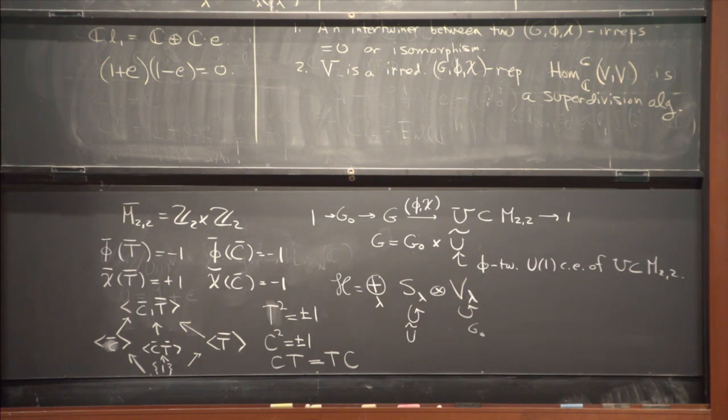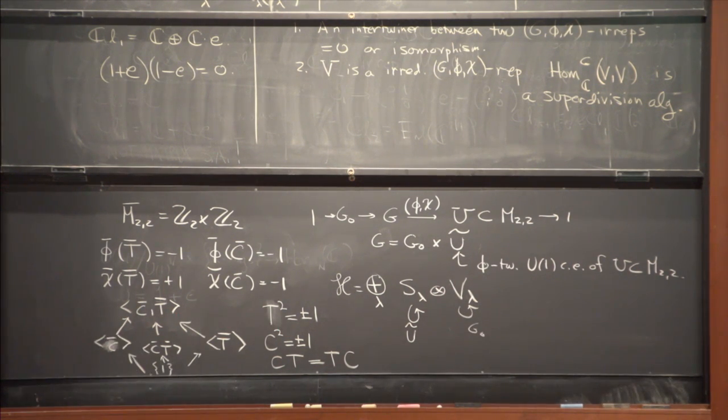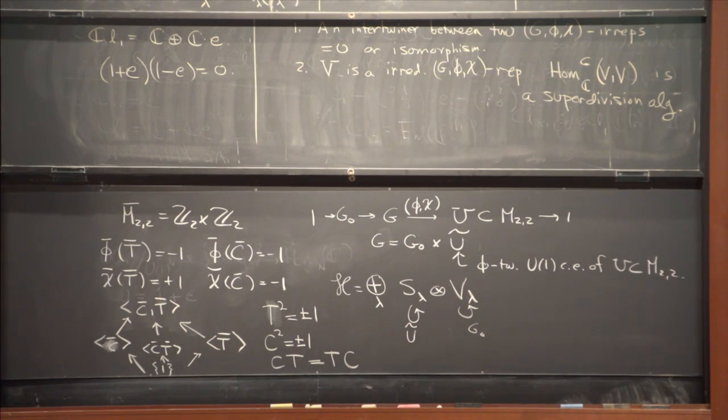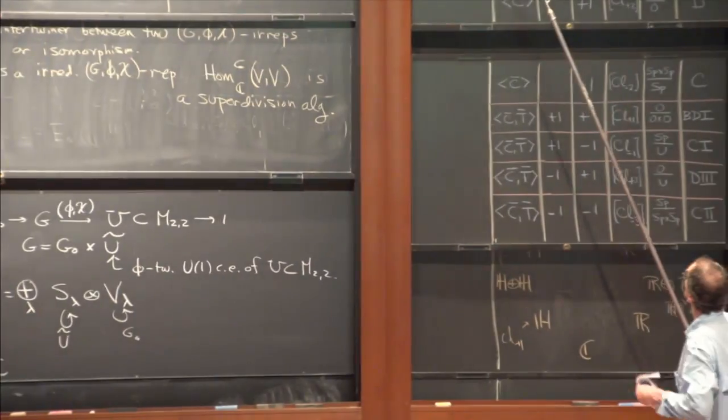So now this describes what I call the 10 CT groups. And the 10 CT groups are listed up there. So this is something like the first 3 columns in your 10-fold way for free fermions.